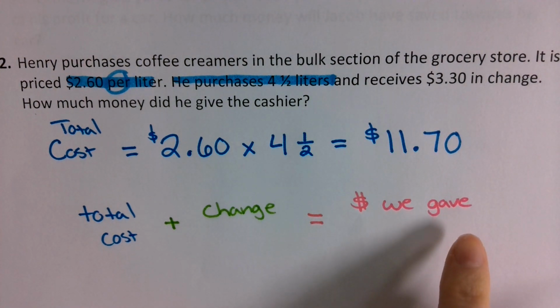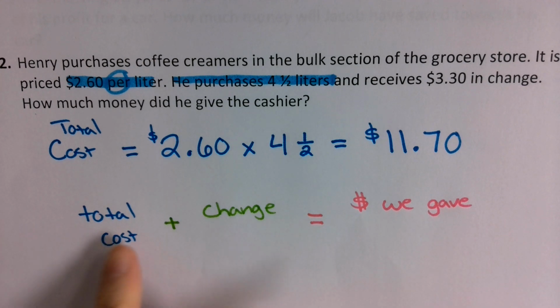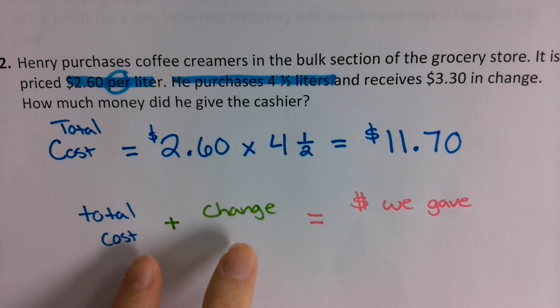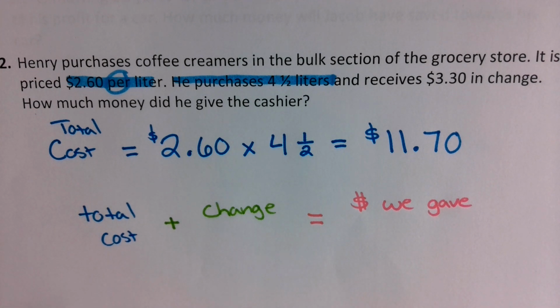Right? We give them money, they take off the total cost, they give us change. Well, the opposite of that is just to add the total cost and the change together. That equals the money that we gave.